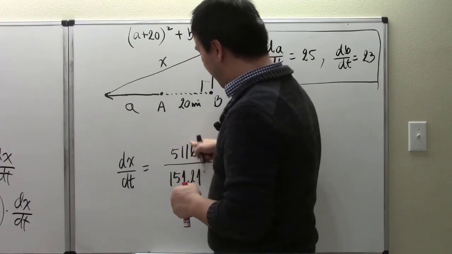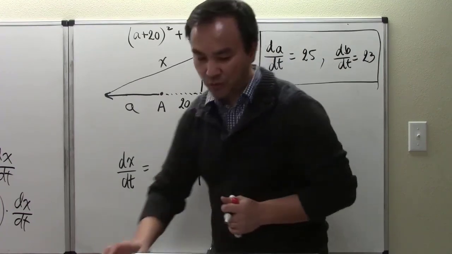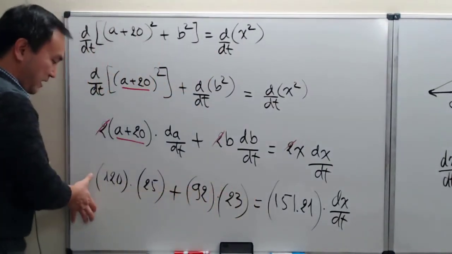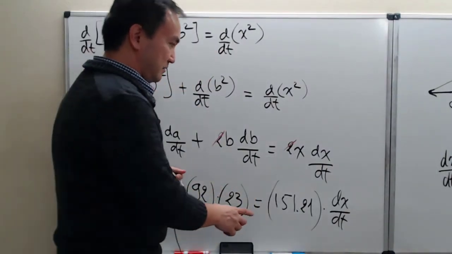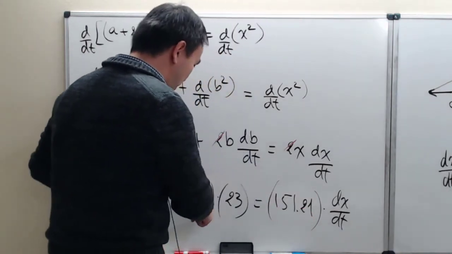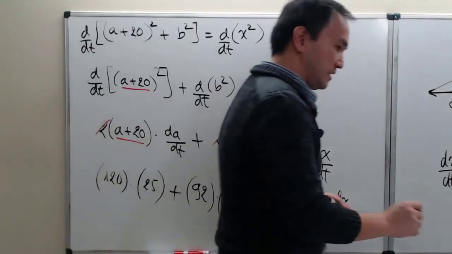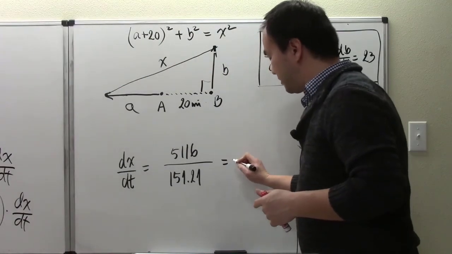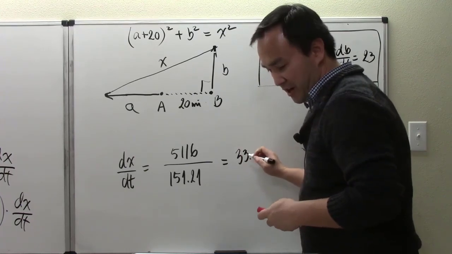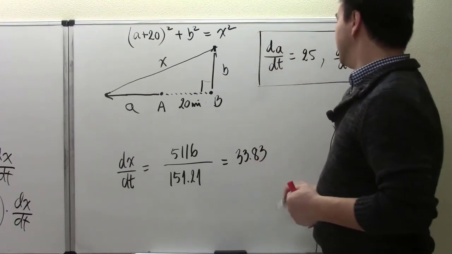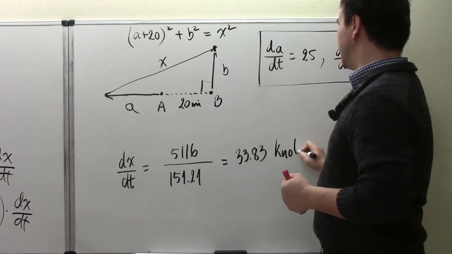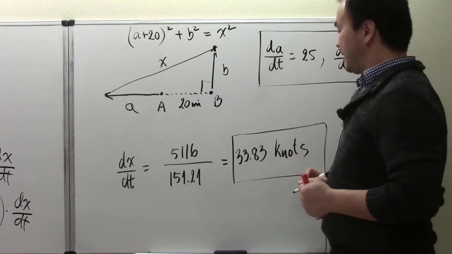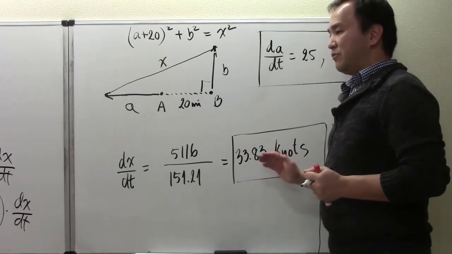So where did I get that 5,116 from? That was the sum on the left-hand side of the previous step. And then I divided that sum, 5,116, by 151.21. And so my final dx/dt was calculated to be 33.83, in its appropriate units, knots. Okay, 33.83 knots.